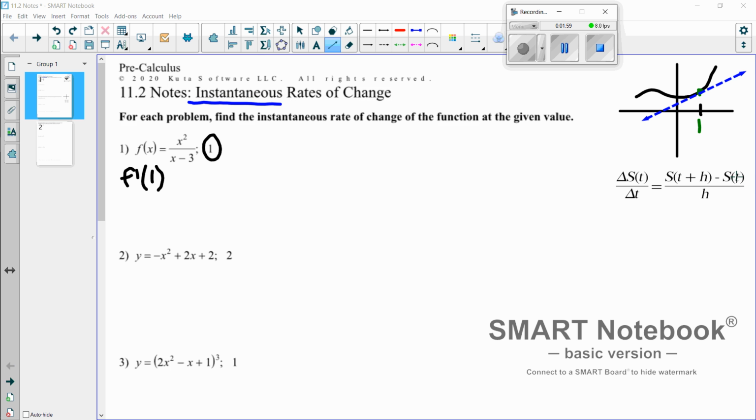Well, this is the definition of the derivative, but the variables are switched a little bit. I will tell you that s is position and t is time. So the change of position over the change of time is the same thing as the derivative, where at time t, or 1, is the position of this function, or the slope of the function at that time t.